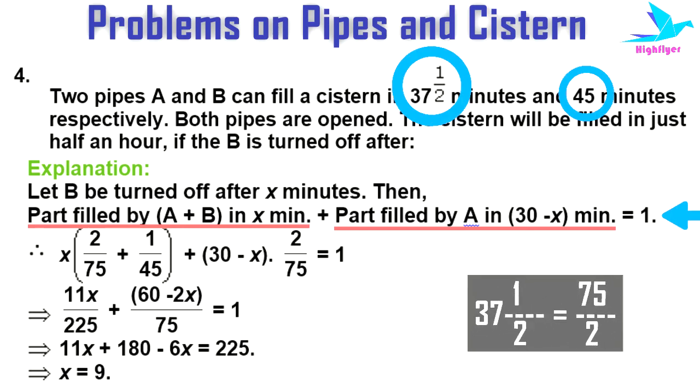Therefore, part filled by A plus B in x minutes will be x into (2 by 75 plus 1 by 45) plus part filled by only A in 30 minus x minutes will be (30 minus x) into 2 by 75, that is equal to 1. So solving the equation, we get x equals 9. So the required time is 9 minutes.